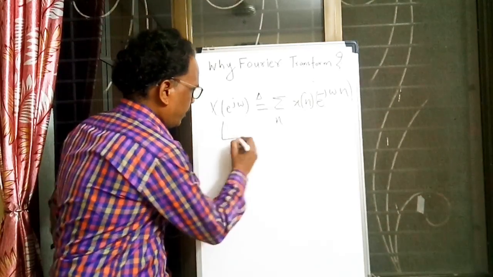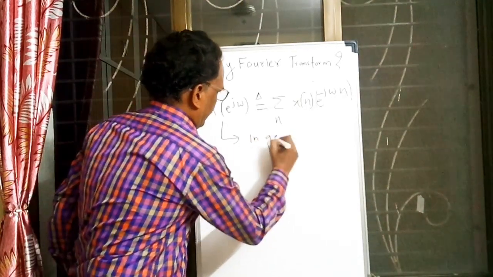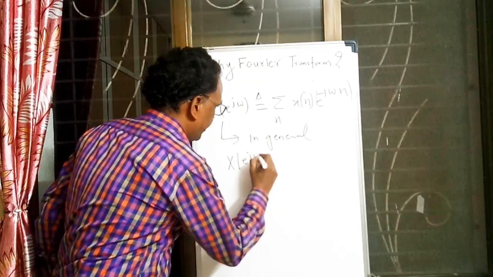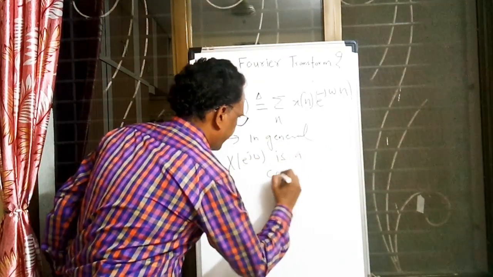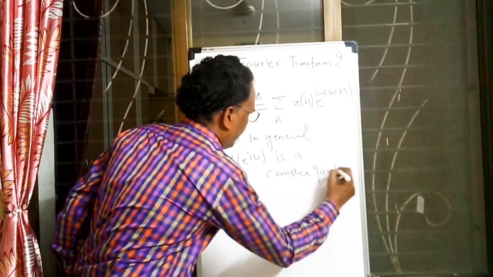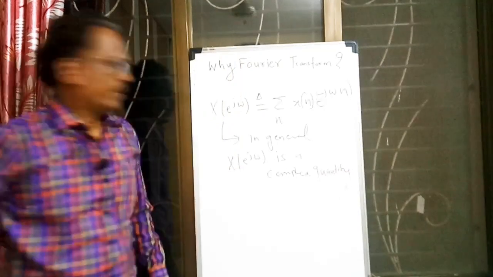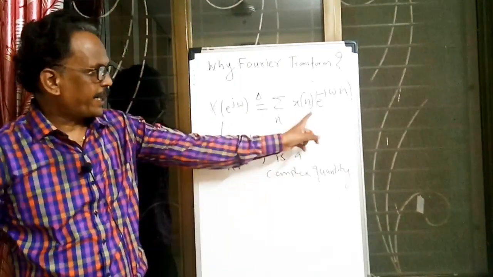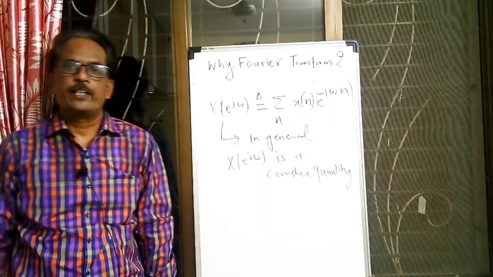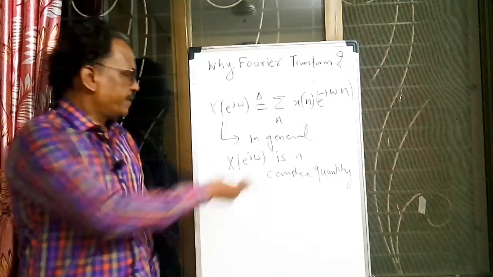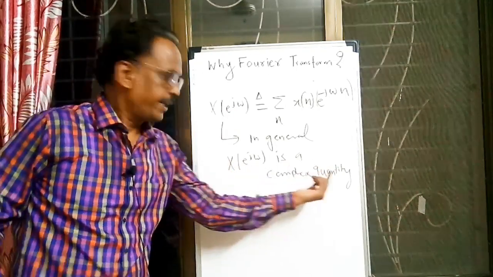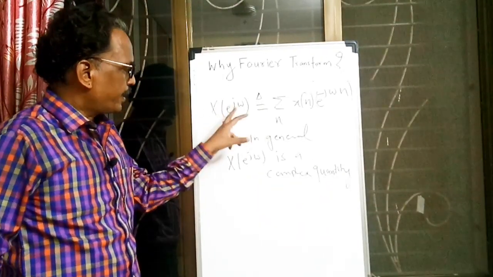In general, X(e^{jω}) is a complex quantity. Since x[n] is real, and e^{-jωn} is a complex quantity, the resultant X(e^{jω}) will definitely be a complex quantity at different frequencies.